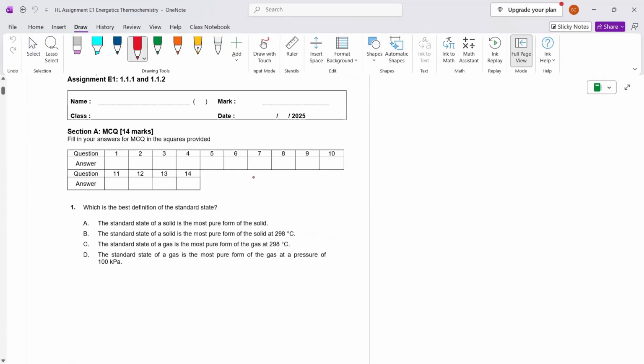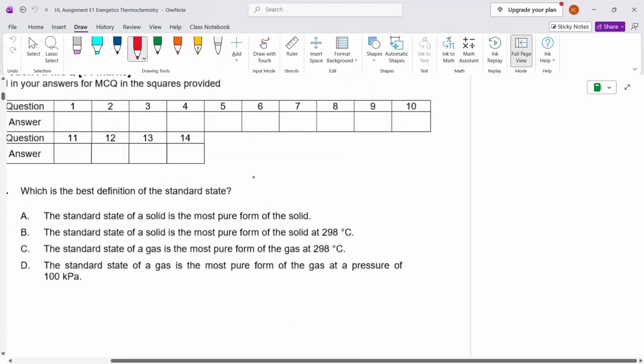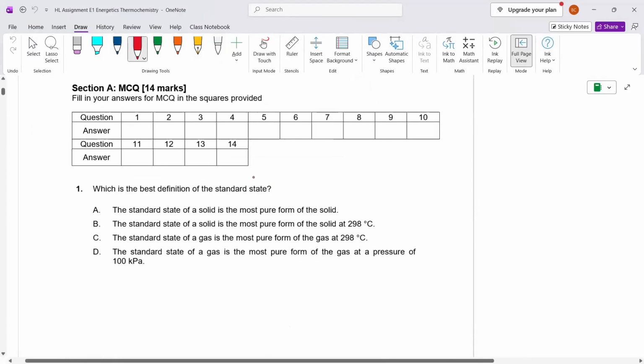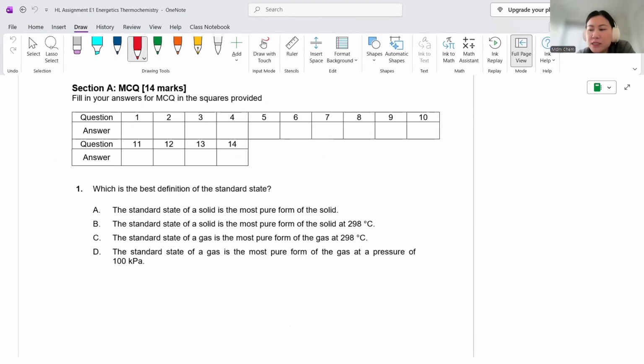Okay, so there are 14 MCQ questions. Which is the best definition of standard state? So over here, standard state comes about when we were talking about enthalpy change of formation. So formation is when you form one mole of a substance from its elements in their standard states under standard conditions.